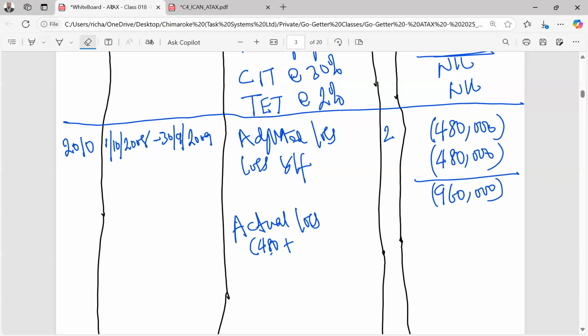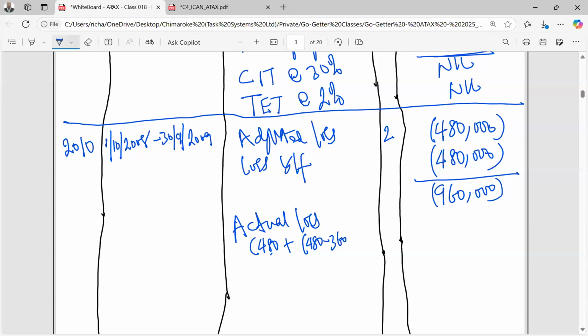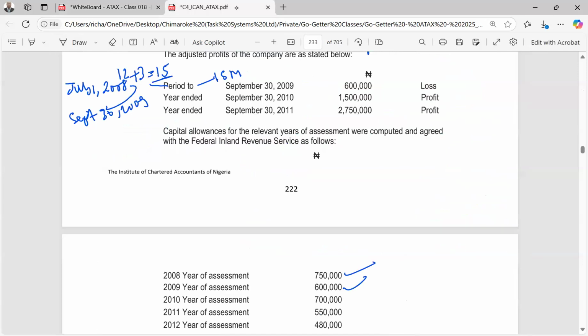Instead of just saying 120, you can say plus 480 minus 360. It's still the same thing as 120, because in this second 480, we are removing 360 that we can find here, and it's only 120 that is remaining. So that will give us 600. So 600 is the actual loss. And if you notice, it is the same 600 that is for this period, and it is being considered for these 3 years.